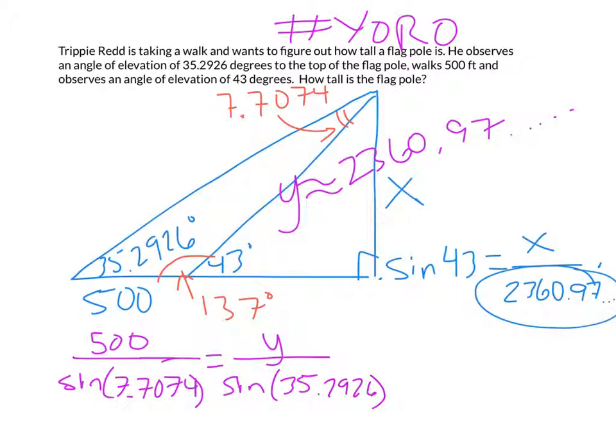So in my calculator, since I have it storing 2,360.97 and so on, I can just hit multiplication, times sine of 43. And that should give me my answer of 1,610.18 feet.